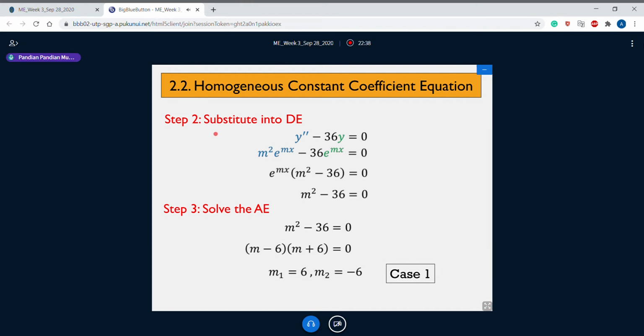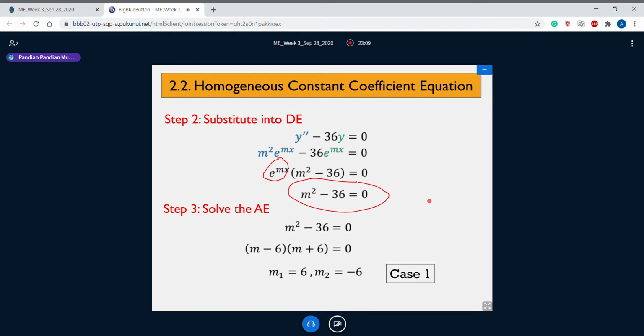So when you substitute into y double dash minus 36y equals 0, y double dash m squared e^mx minus 36 e power mx equals 0, you factorize, take out e^mx, and m squared minus 36 is 0, so the quadratic equation becomes m squared minus 36 equals 0.